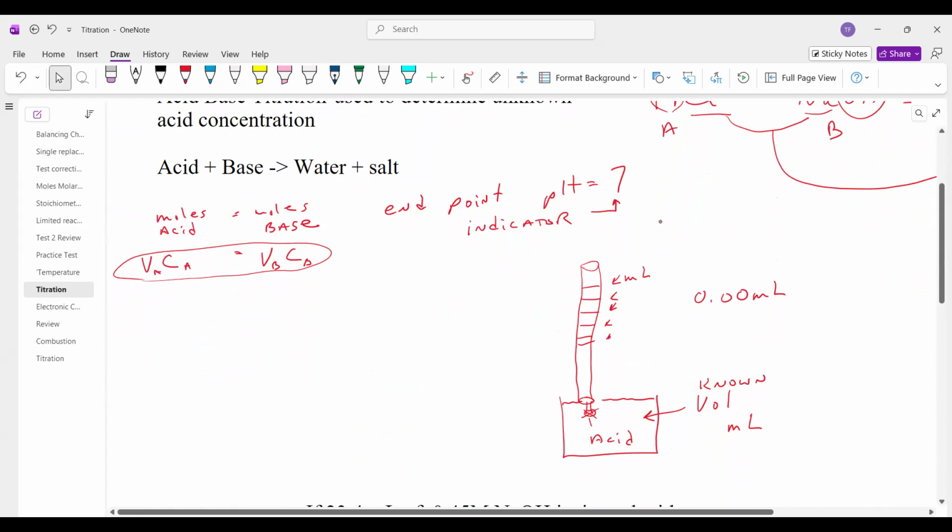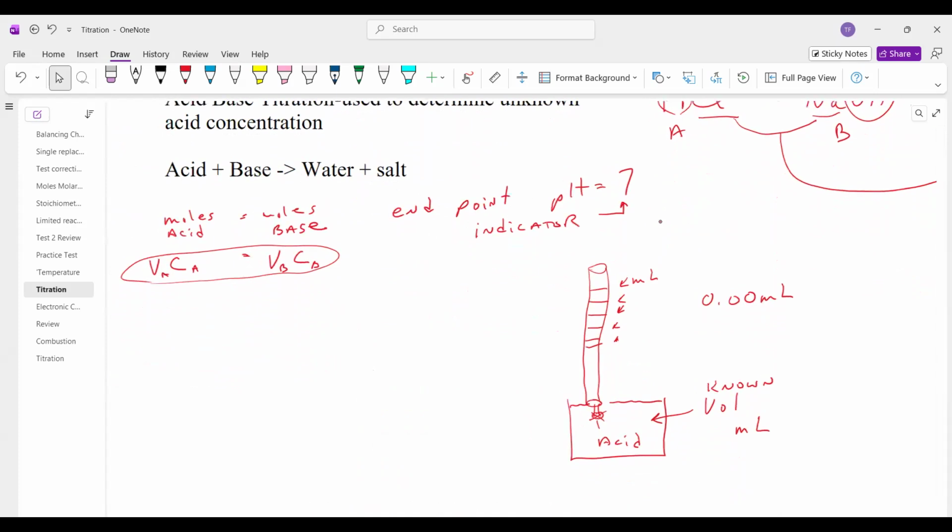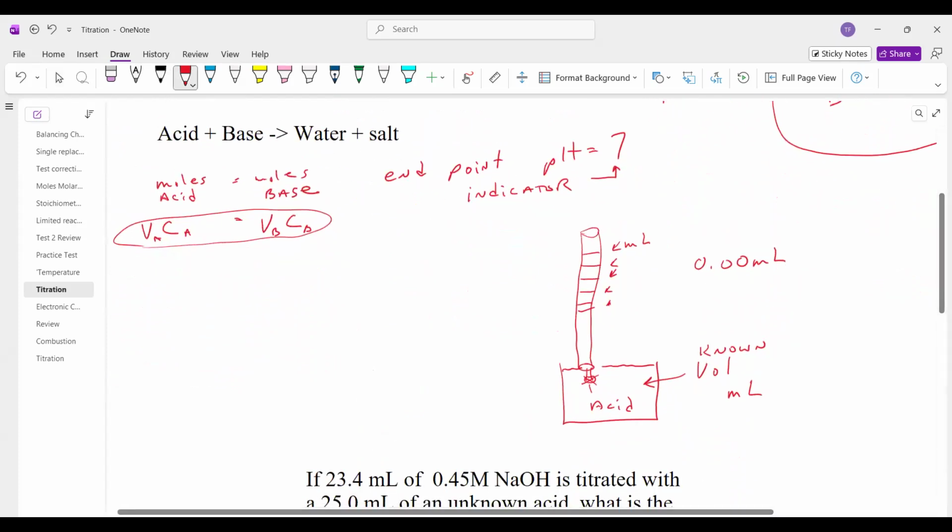So when that point is reached, where it's equal and equal, that's called the end point. In an acid-base reaction, that pH is equal to neutral water, which is pH of 7. So we have moles of acid and moles of base equal at the end point.